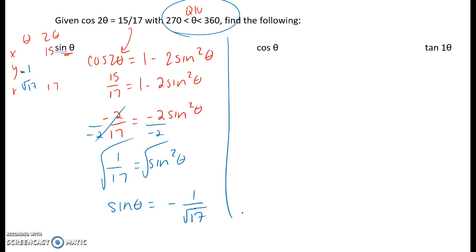Now, when I go to solve for cosine of theta, just like before, there are multiple formulas for cosine 2 theta. So I can say cosine 2 theta equals 2 cosine squared theta minus 1. We plug in what we know, and just like before, we undo this algebra.